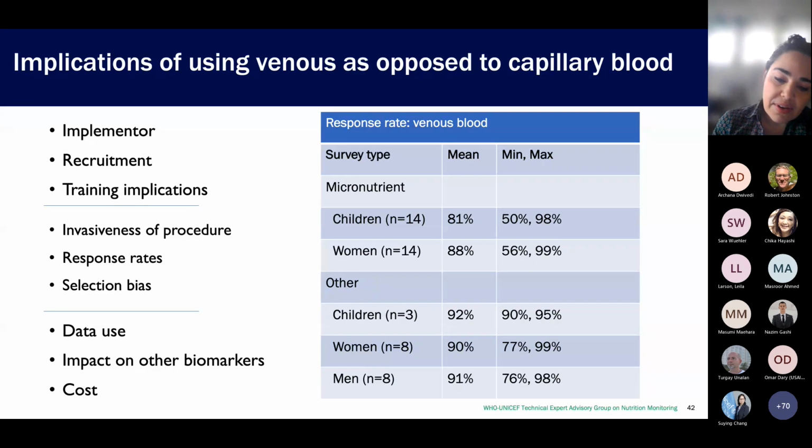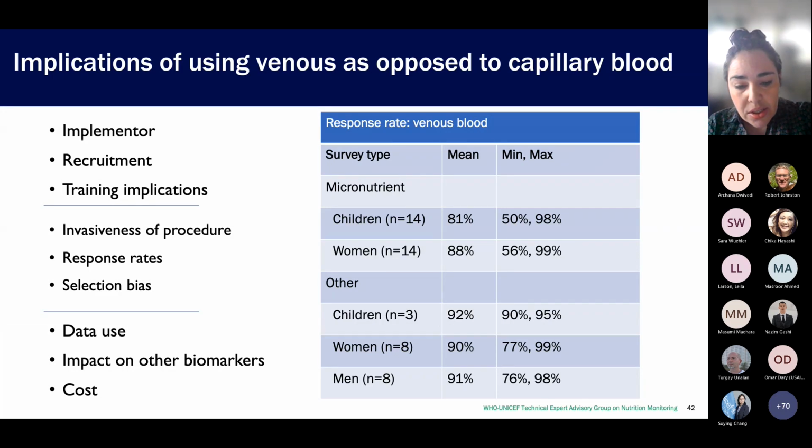Looking at other types of surveys, response rates were a little higher, at 92% for children, 90% for women, and 91% for men. But as a comparison, in malaria indicator surveys, which is a type of survey under the DHS program, the average response rate for hemoglobin measurement on capillary blood is really high at 93% average, ranging from 71 to nearly 100% in children.